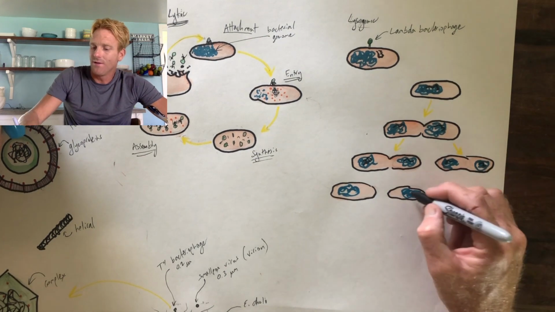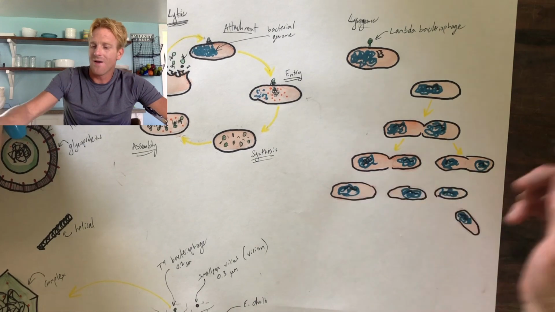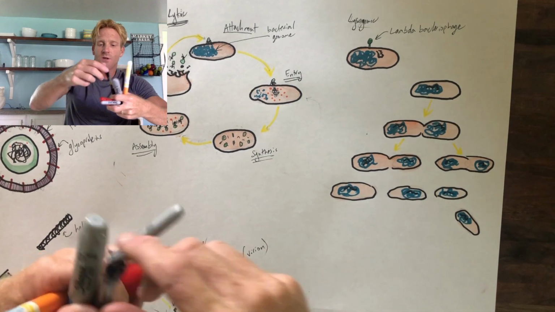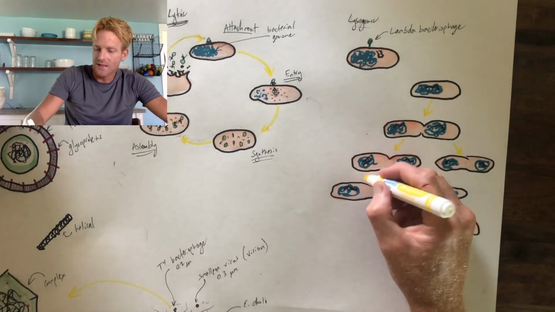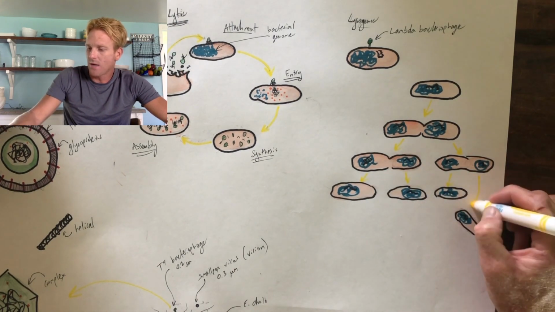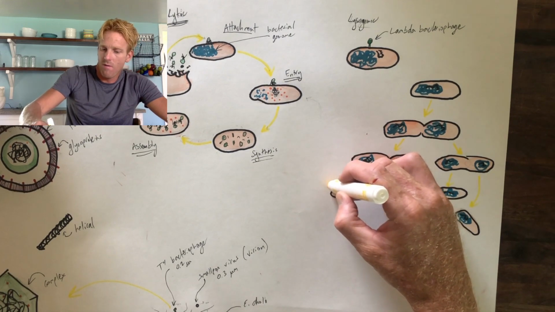That the viral genome is going to command the ribosomes to start producing viral particles. So really, through the process of induction, it's going to kickstart the lytic replication process.